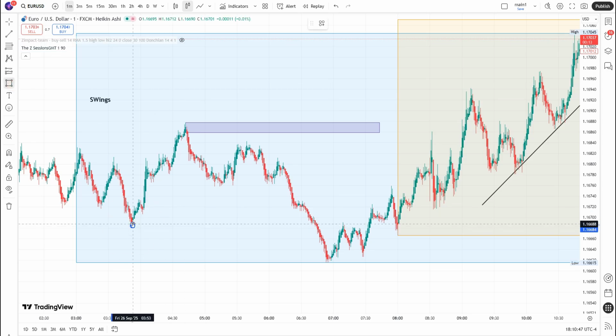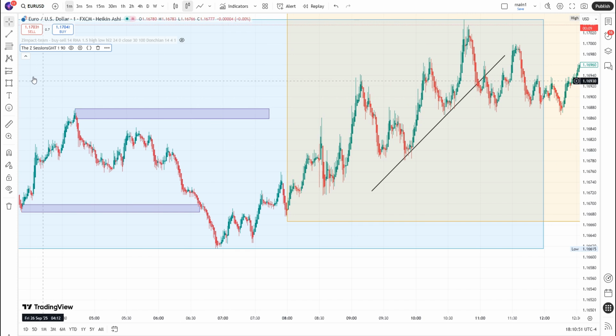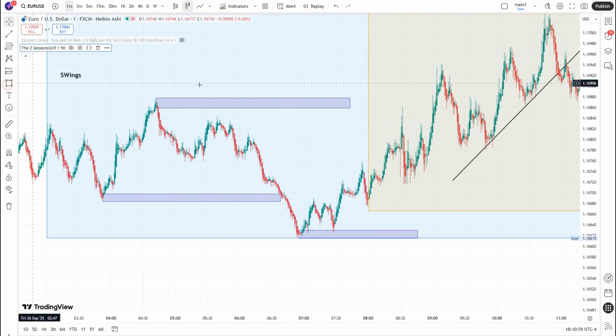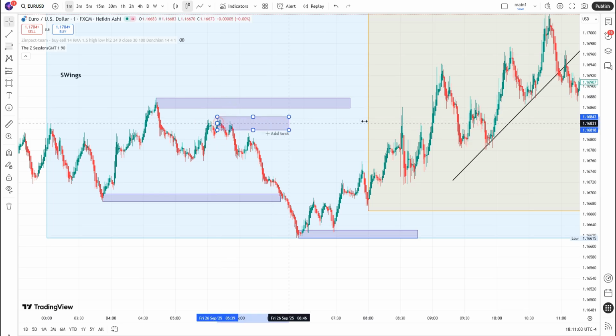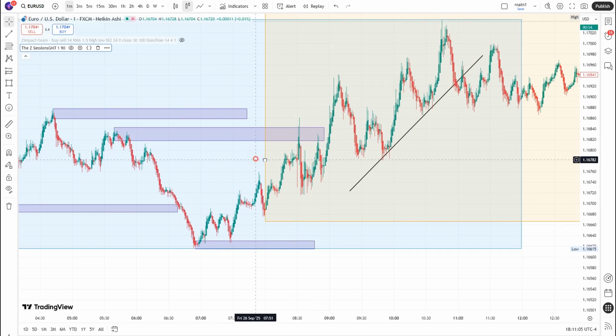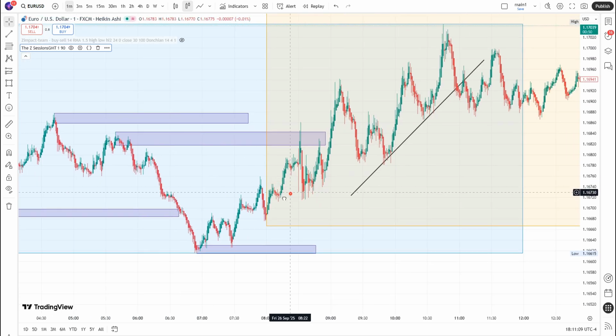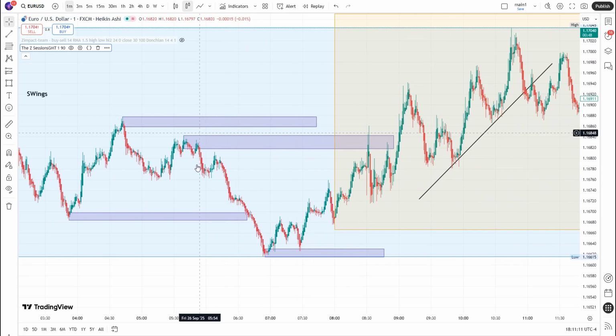Or we can just say these highs and lows. So, let's see what happened here again. As you can see, we have some important zones with these swings.